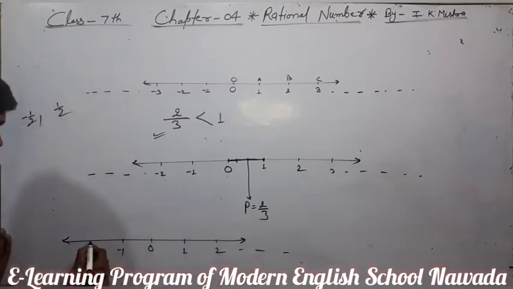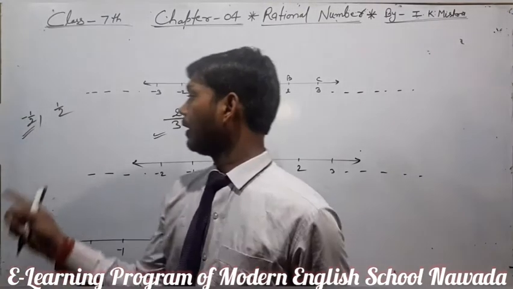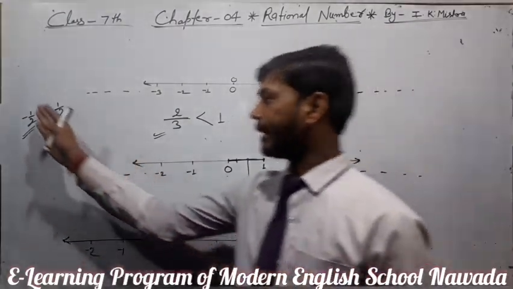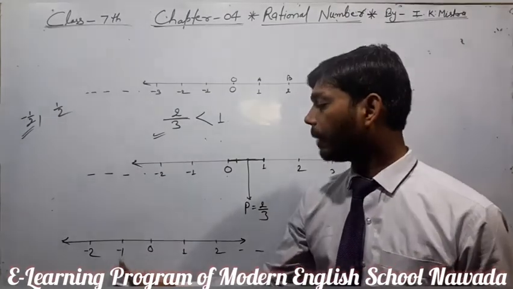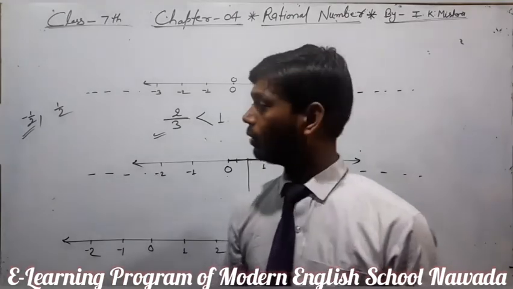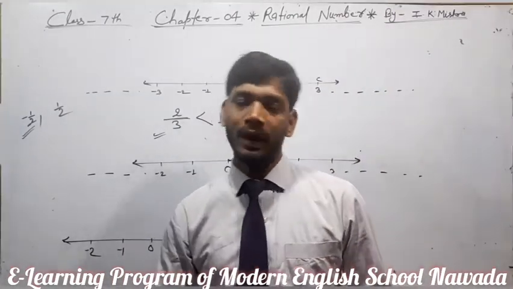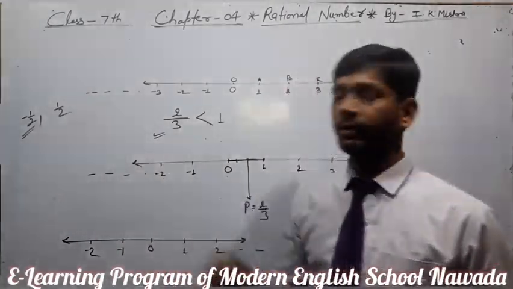Here -1, -2. First of all, we have to represent -1 by 2. You think this -1 by 2 lies between 0 and -1, not between -1 and -2.